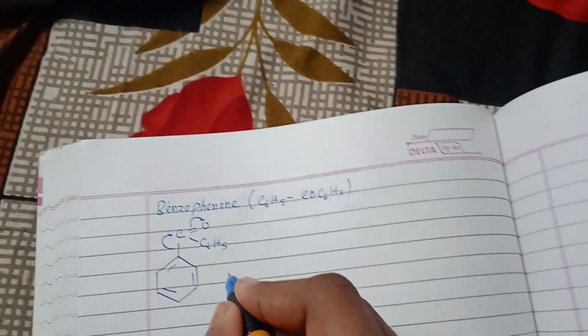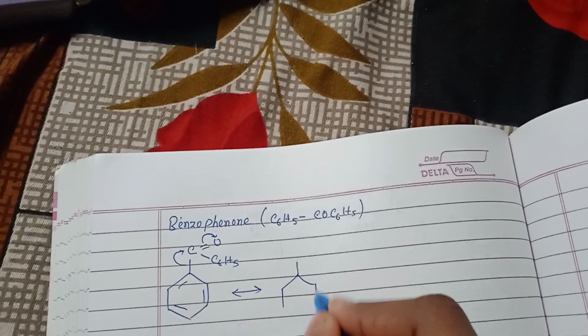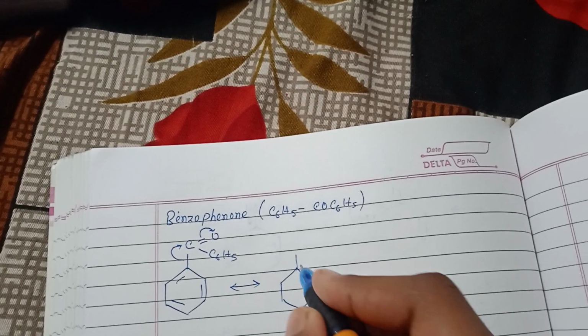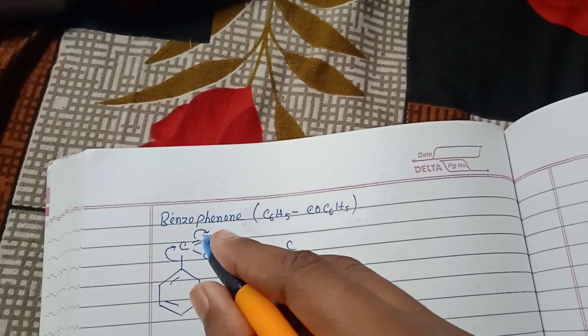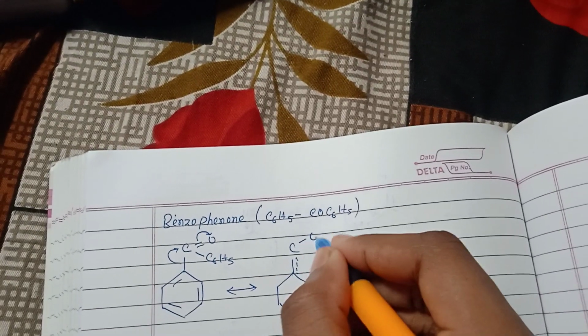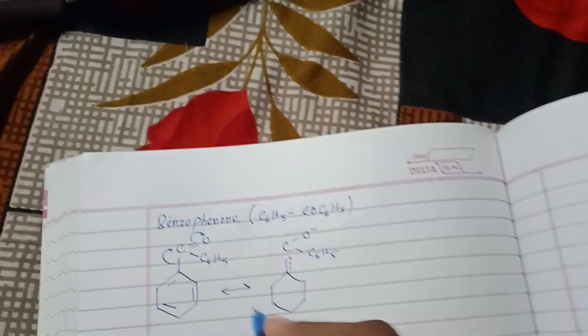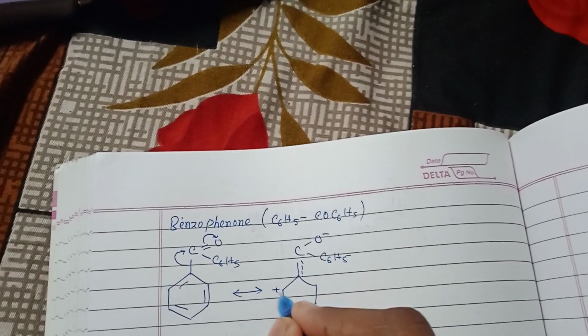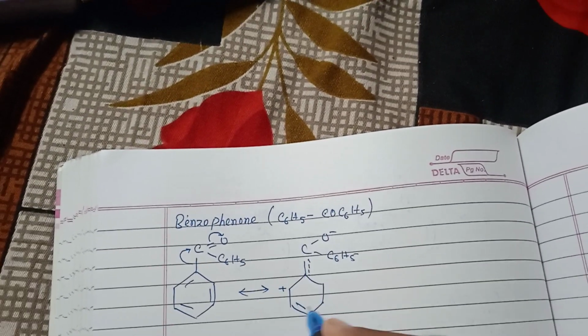Okay. Now the second one, make again a benzene ring, then make a partial double bond, and this bond breaks as O will be giving a minus sign and C6H5. The positive sign comes at the ortho position, and the double bond will come here.